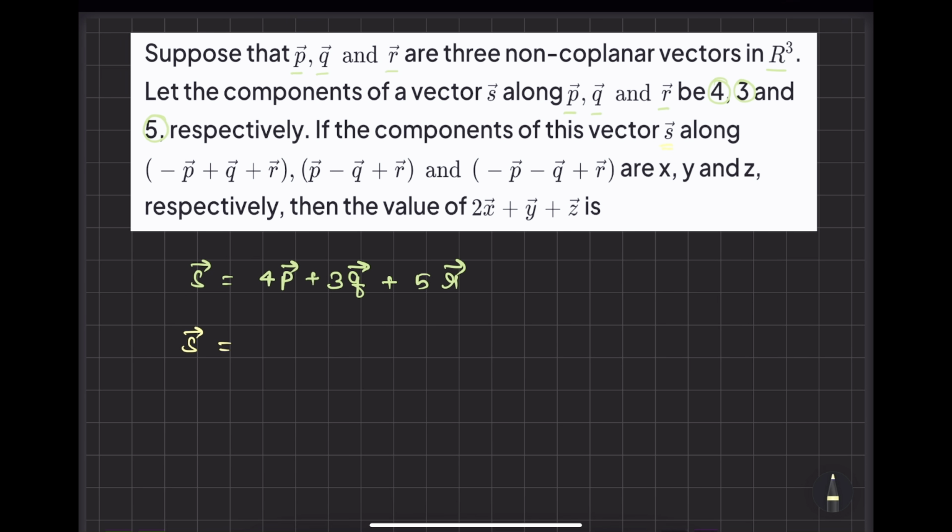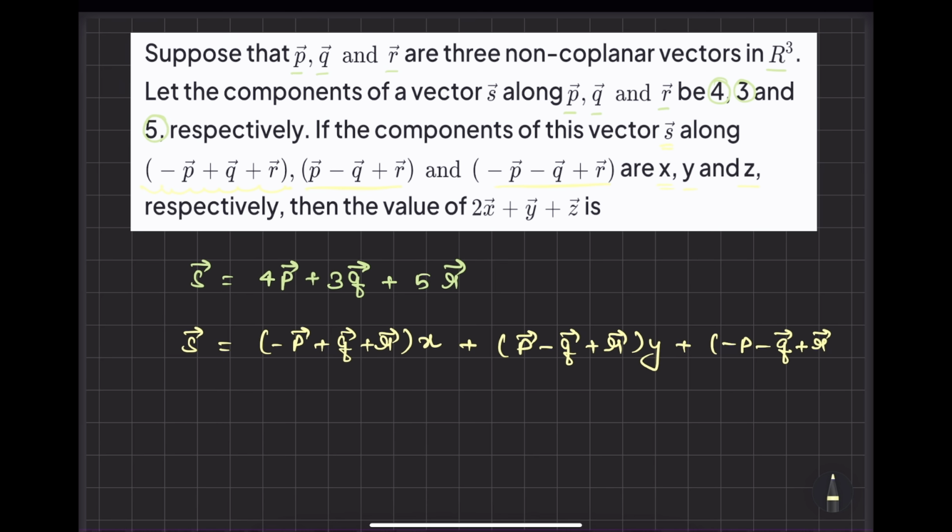Along this vector is x, so can I say that minus p plus q plus r is x, and along this vector is y, so can I say that p q r is y, and along z, so can I say that minus p minus q plus r is z.